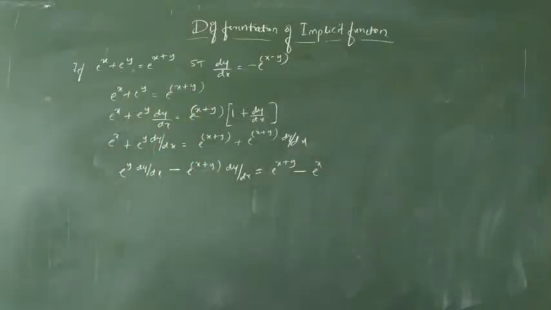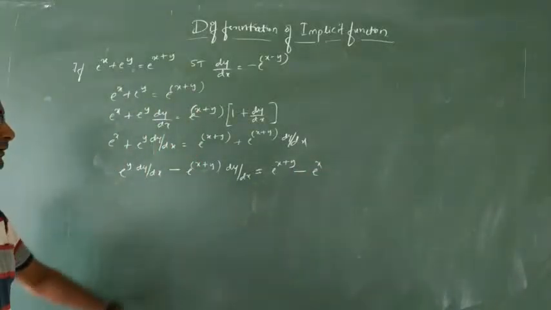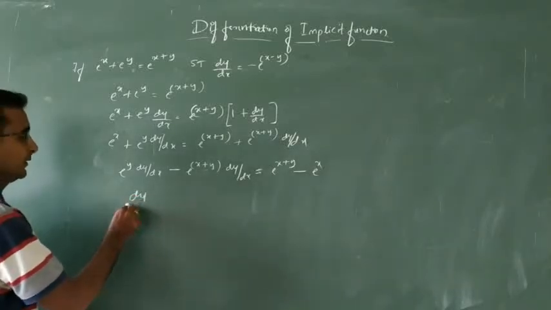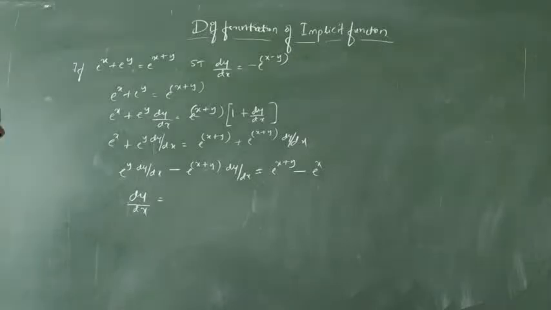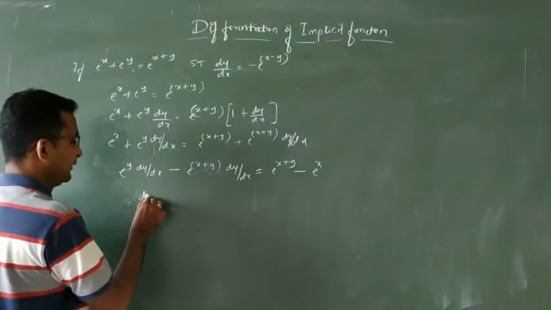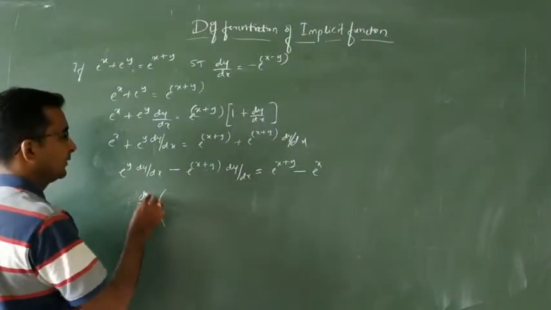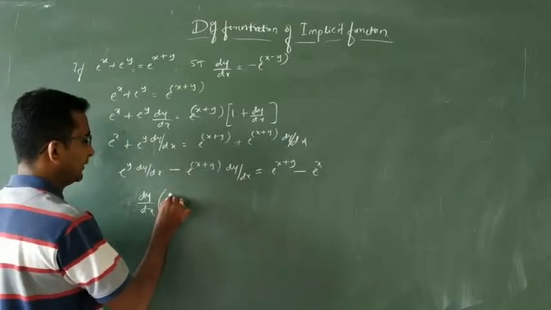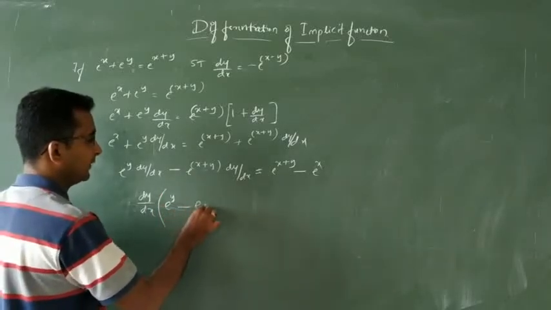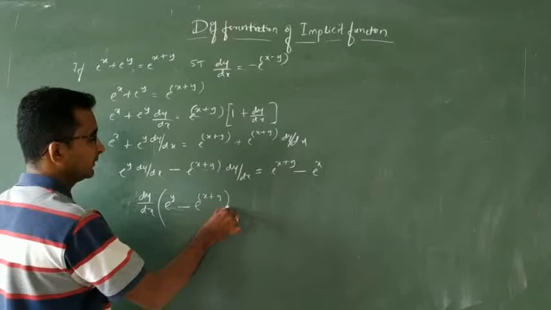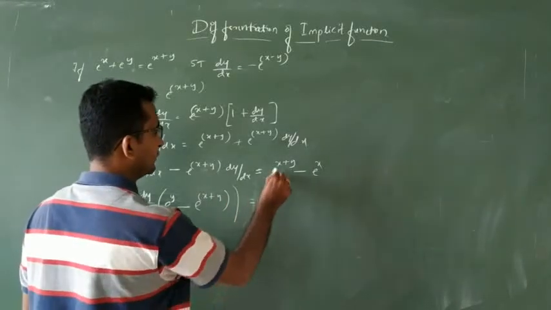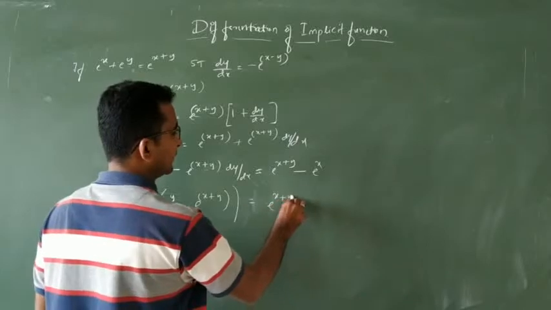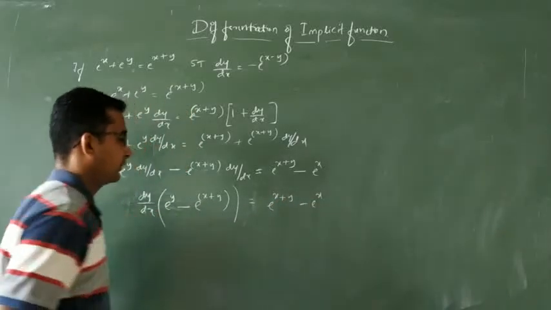Then again, by taking dy by dx as a common multiple, dy by dx into what remains in the bracket, e raised to y minus e raised to x plus y, is equal to e raised to x plus y minus e raised to x.